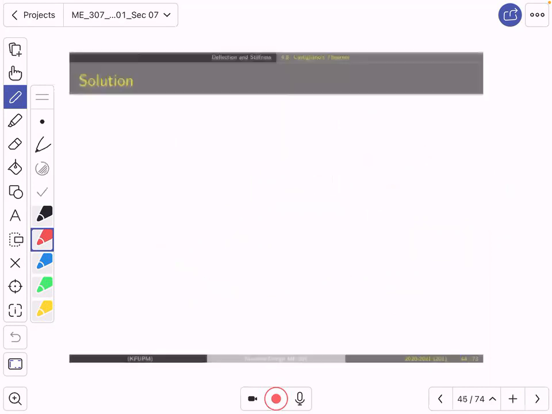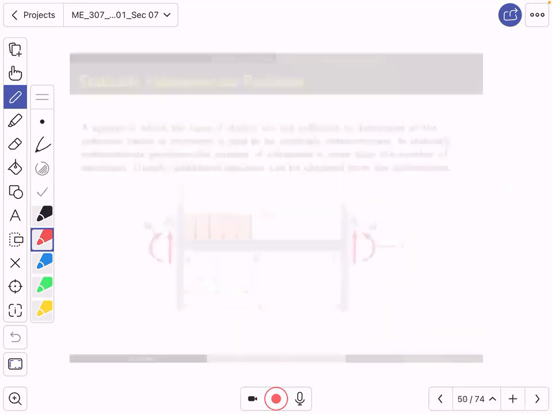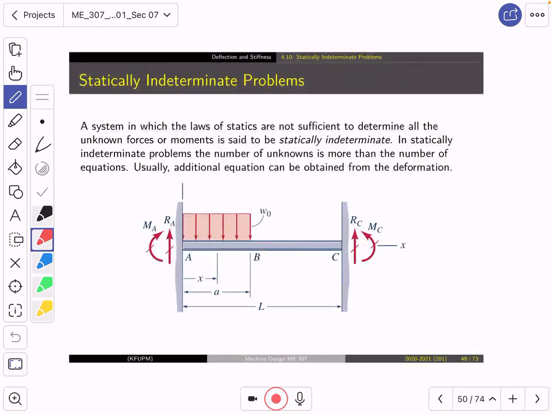Now, the last part that I want to tell you is how to use Castigliano theory to solve indeterminate problems. What are indeterminate problems? Like this one.